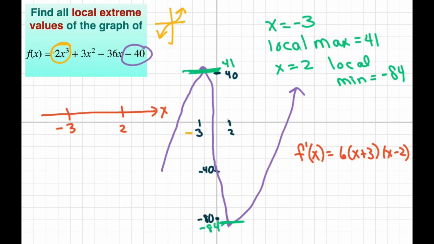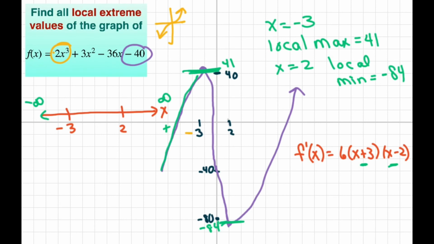If I substitute in a negative 4, this is going to be a negative, this is going to be a negative, and two negatives make a positive. So that means we have a positive slope going up.